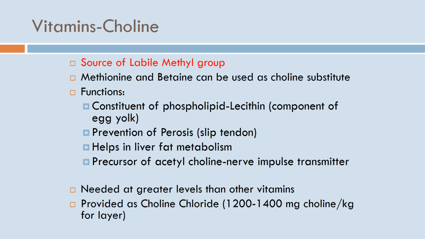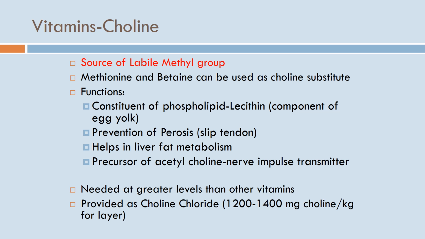Then comes the choline. Choline is a vitamin which is needed at a greater levels than any other vitamin. So it is usually provided in poultry or monogastric diet in the form of choline chloride. Choline is a source of labile methyl group. So you can say it's a methyl group donor. It's a source of methyl group.